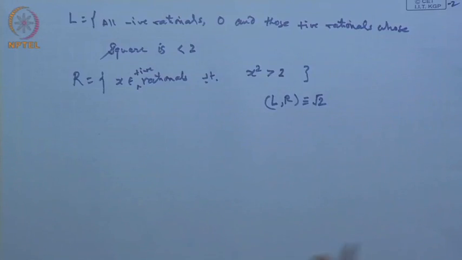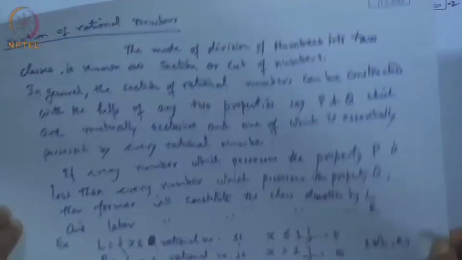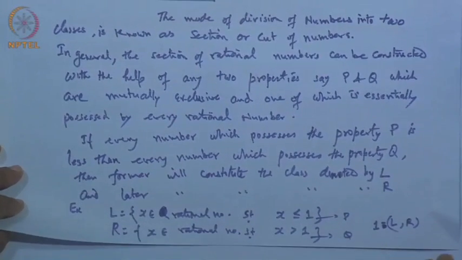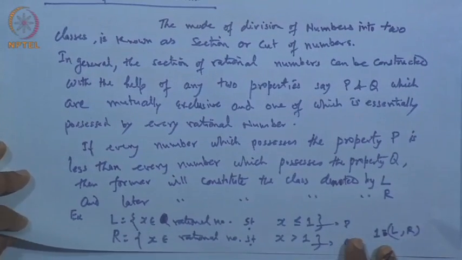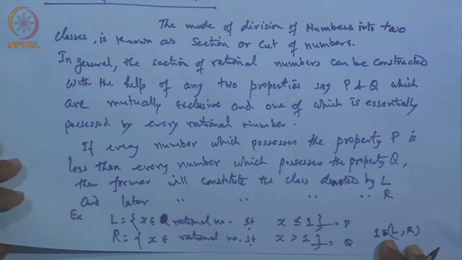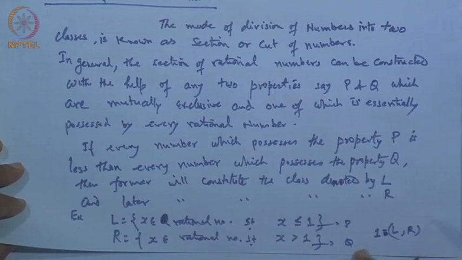Now, the difference between this and the earlier two classes is that in the earlier case one is a rational number, and the property enjoyed by a rational number which corresponds to a section LR is that it must be a point either in L or in R. Once it is in the lower class, it becomes the largest number, say 1 here, and once it is in R, it has the least number in that.